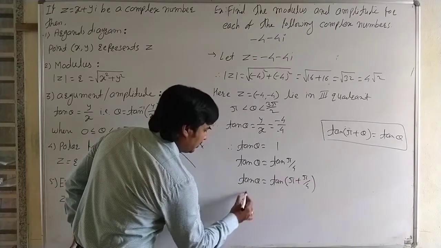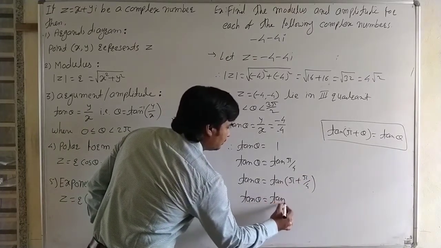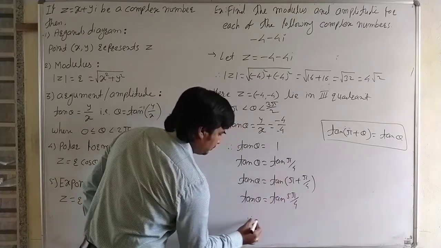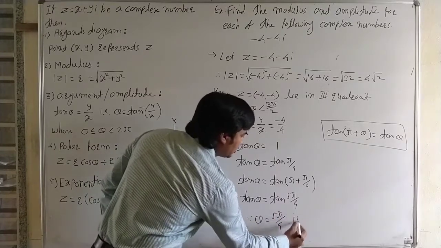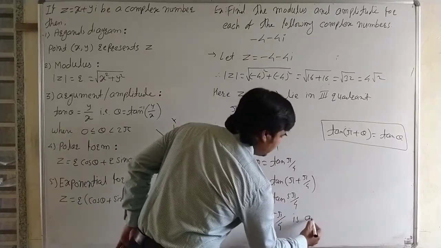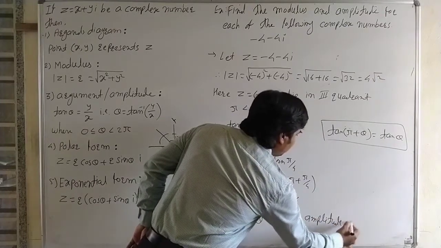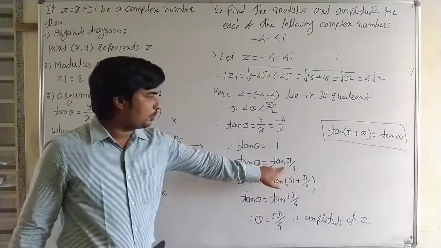And therefore tan theta is equal to tan 5 pi by 4, and therefore theta is equal to 5 pi by 4, which is the amplitude of z. It is the amplitude, it is not pi by 4.